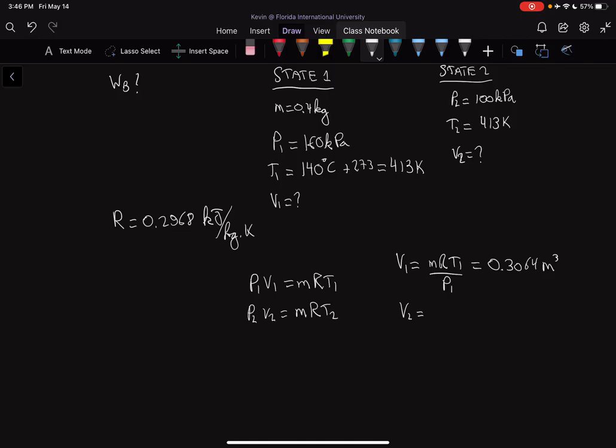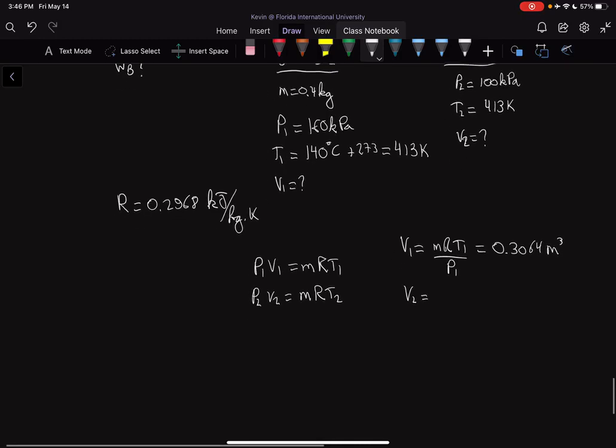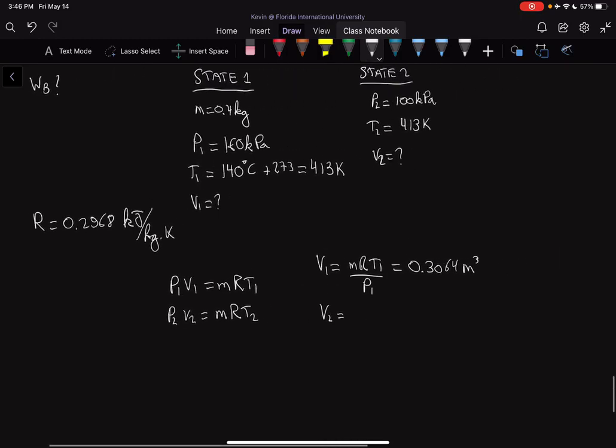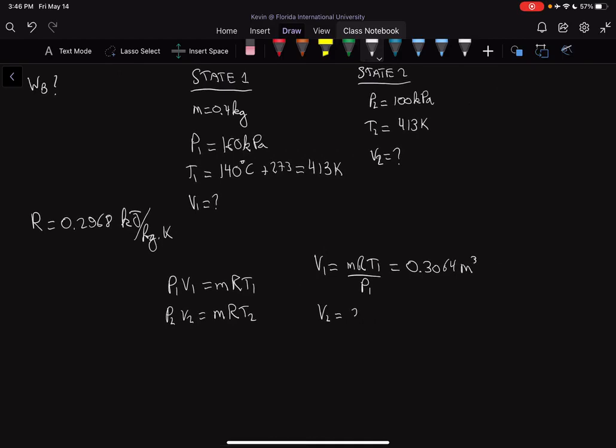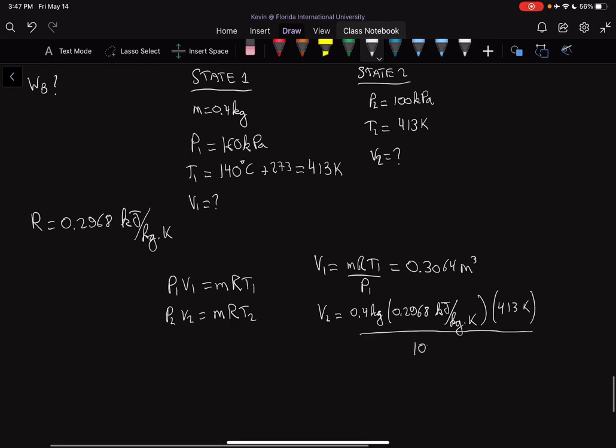Let me just show you actually working it out with V2, just to show you how the units cancel out. So we would have 0.4 kilograms multiplied by 0.2968 kilojoules per kilogram Kelvin, multiplied by 413 Kelvin, divided by 100 kilopascals.